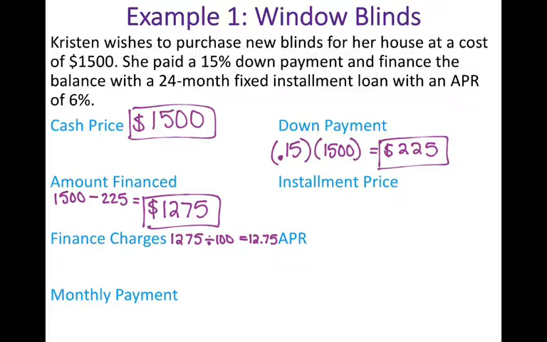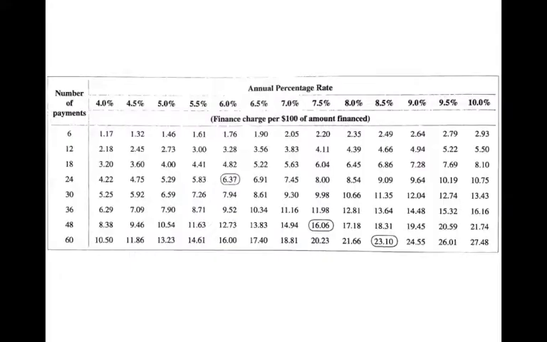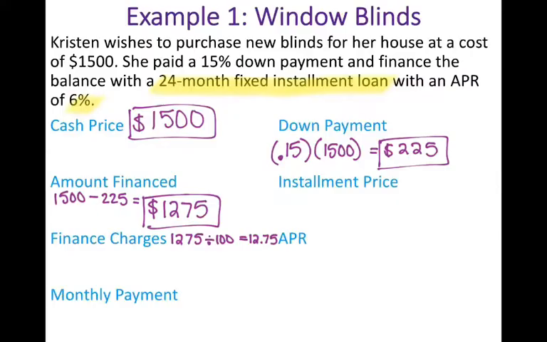So going back to the problem, it's a 24-month loan with an APR of 6%. So I'm going to go to my table. I am looking for 24 months. That is this row over here at 6%, and that is $6.37.